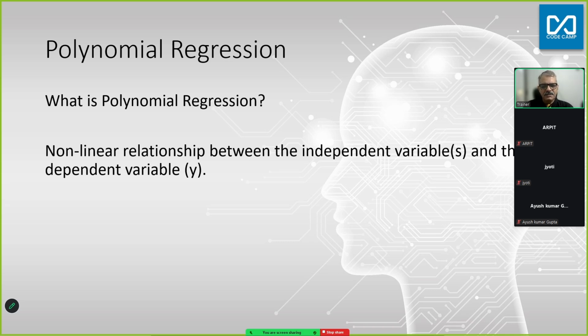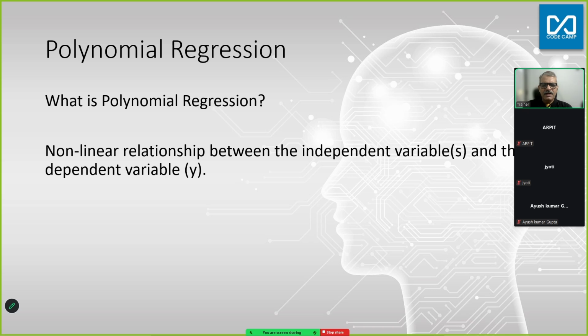In simple terms, polynomial regression helps when the relationship between variables is not linear.